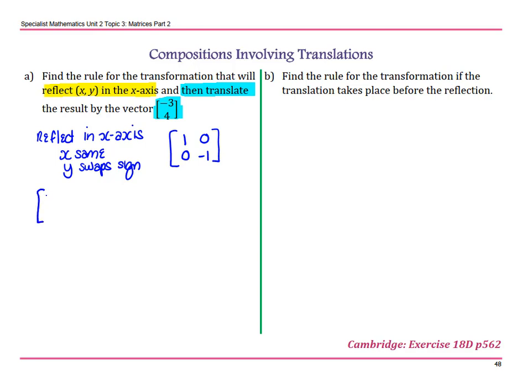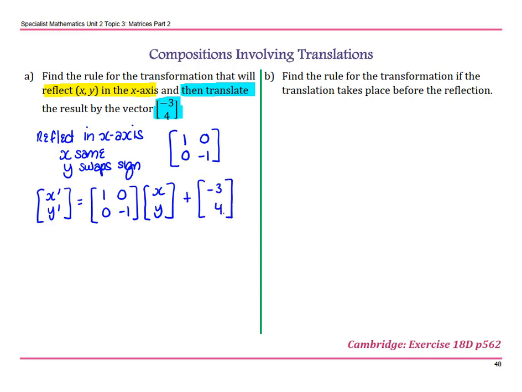So that means our image is going to be doing that reflection. And then we need to translate. Okay, multiplying these matrices, 1 times x, 0 times y is x, 0 times x, -1 times y is -y.